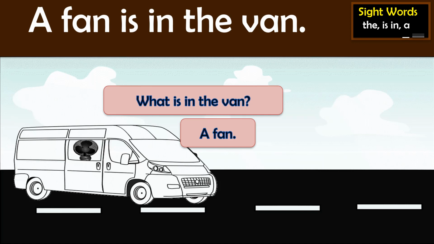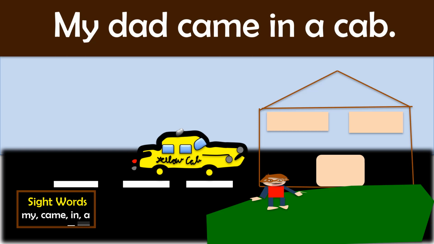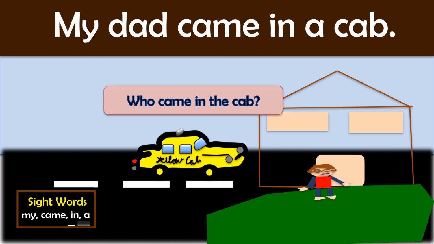A fan. My dad came in a cab. This is also a telling sentence. It tells us who came in the cab. Dad.